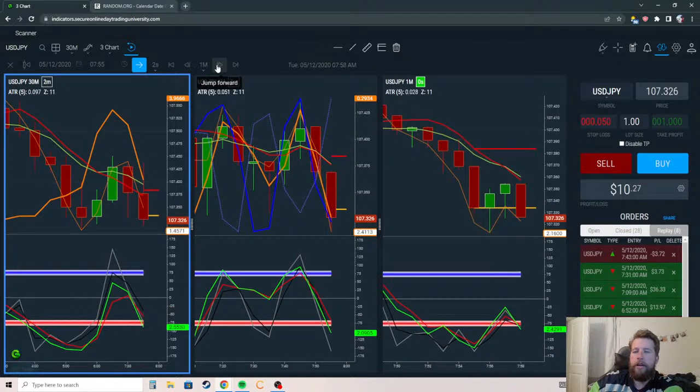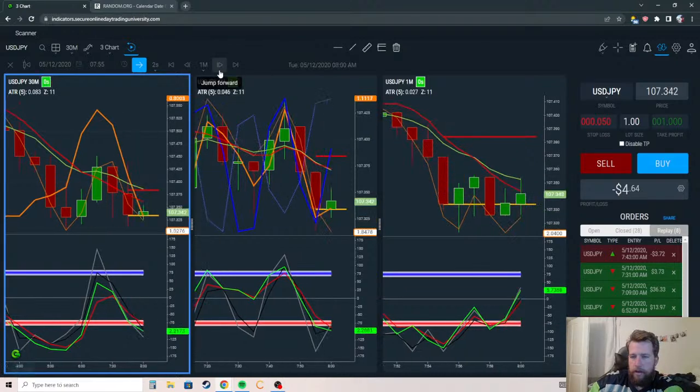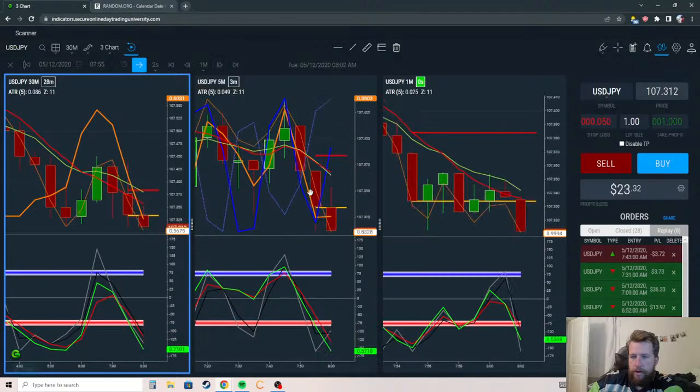Okay. It's good. Dagger. Do have red on top. TNTs look pretty good. Bearish Hydra.